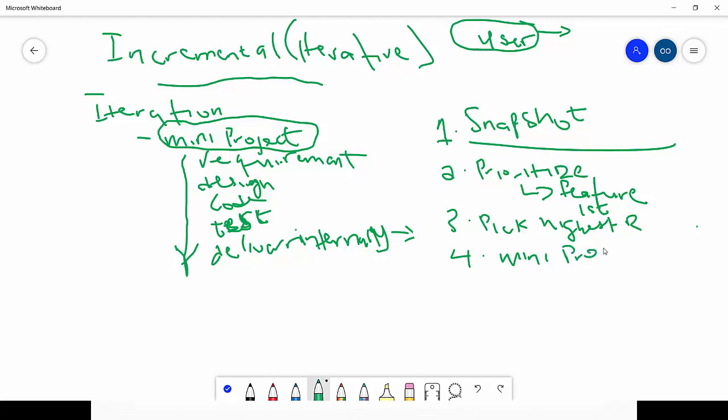That's an iteration. Then you pick the next highest, and you continue the cycle until you create the entire product.